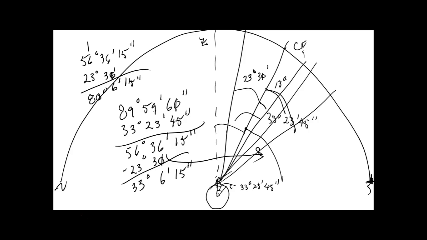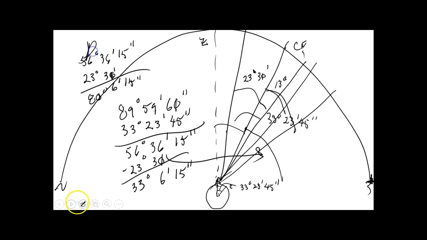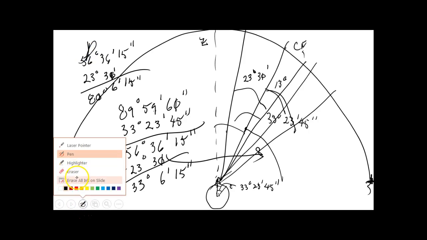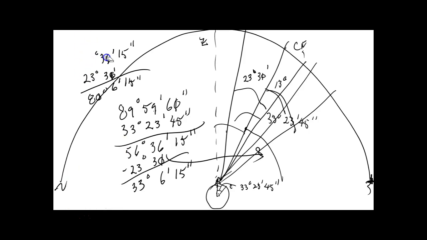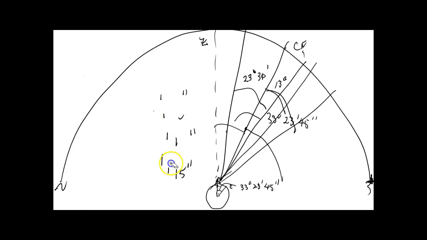Okay? Now, let's do the same thing for Altegard, Norway. So let me erase as much as I can here. This will actually be a little bit easier just because we don't have any minutes and seconds in it.